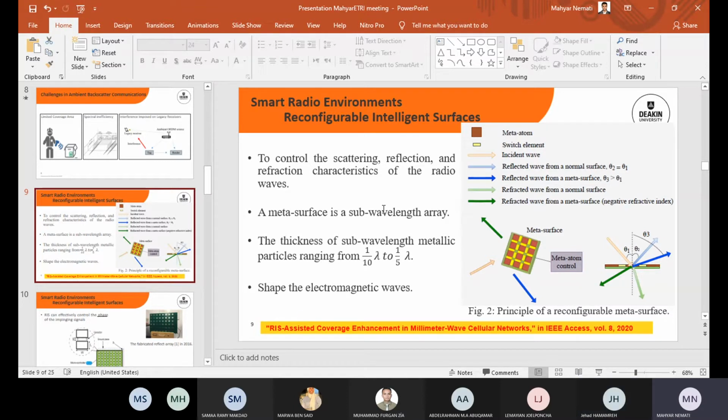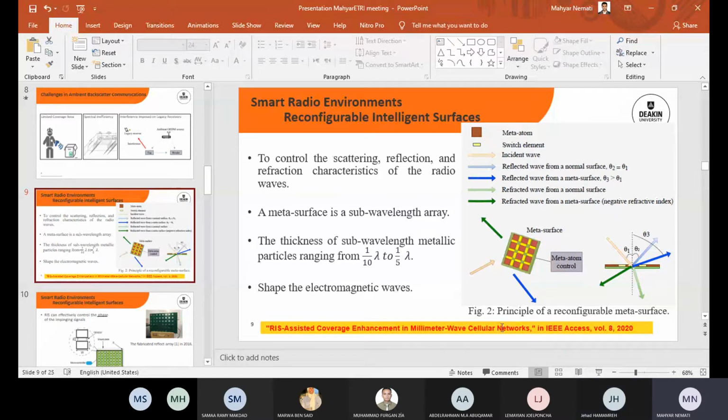Again, I know that there might be many questions in your mind about smart radio environments. Just keep it in mind that this concept wants to control the wireless channels. If you need more details about this new emerging concept, especially for 6G, you can access my recently published paper in IEEE Access.